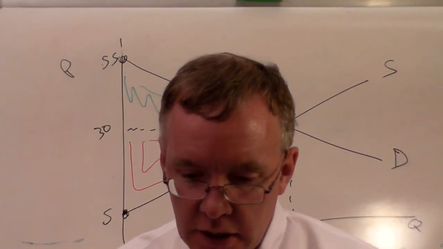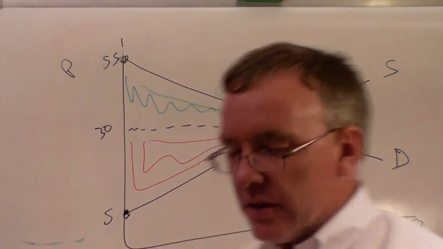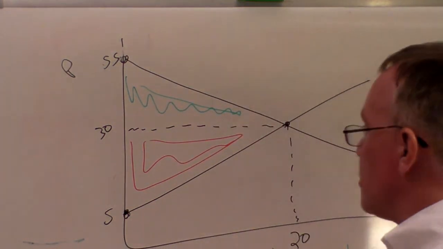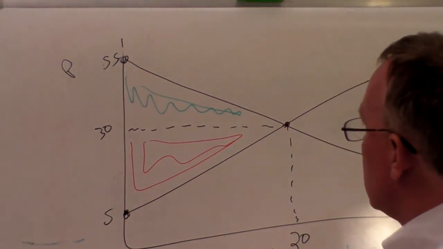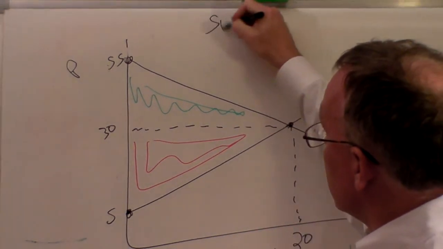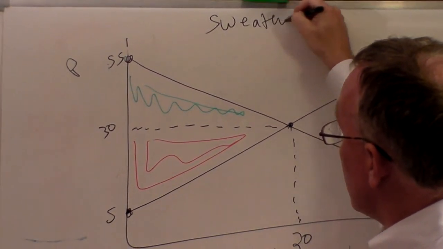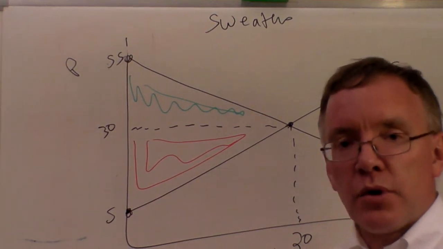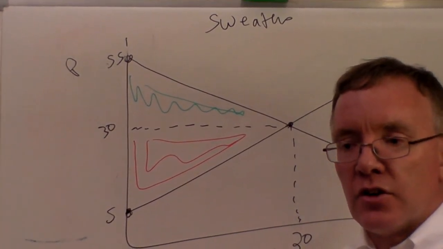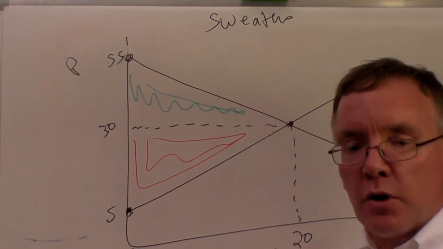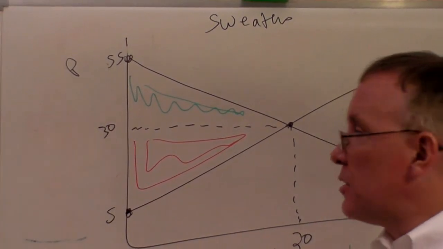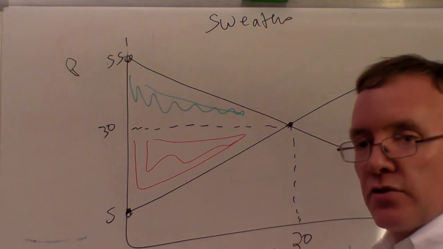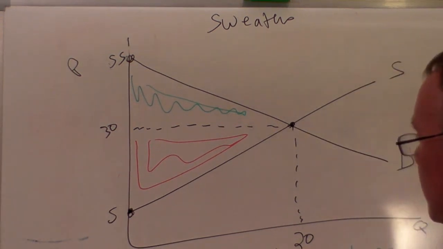So let's think about this being, let's say this is again our market for sweaters. And let's talk about, again, the jackets' prices falling, and so people want to purchase more jackets, and so the demand for sweaters falls.